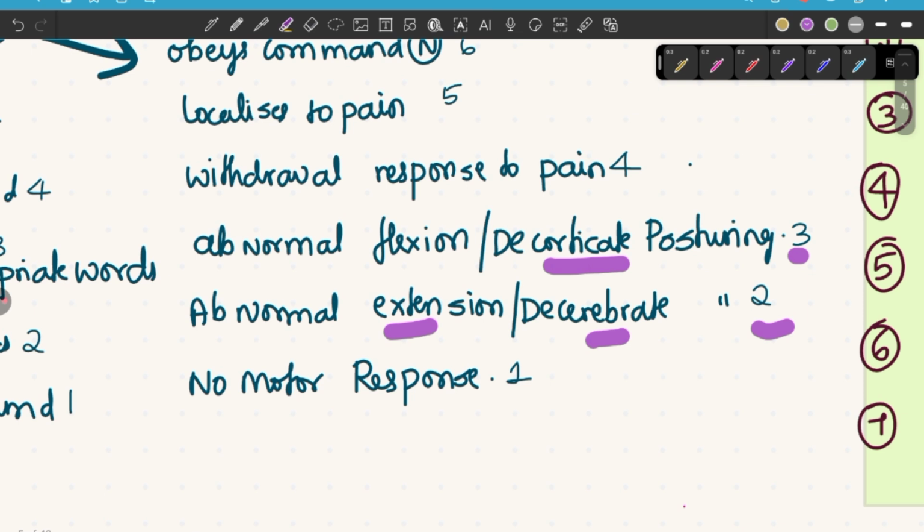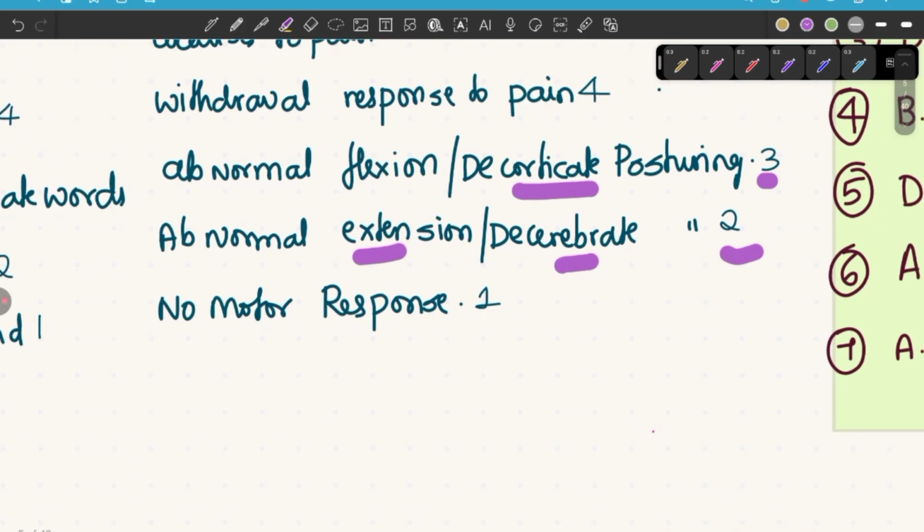First, they will do flexion. That means flexion is also a type of action when you withdraw, right? You will not extend as such. But first thing is flexion. So flexion is given a good number, that is 3. Whereas extension is 2. Here, extension means decerebrate. Sometimes we get confused.